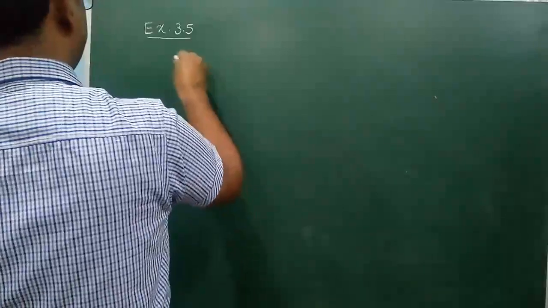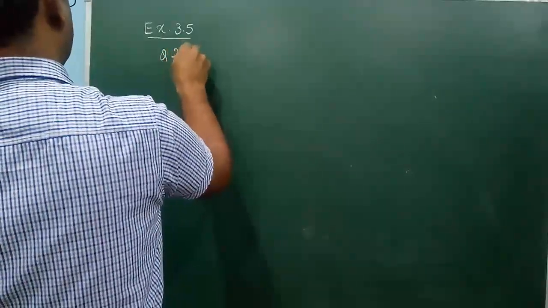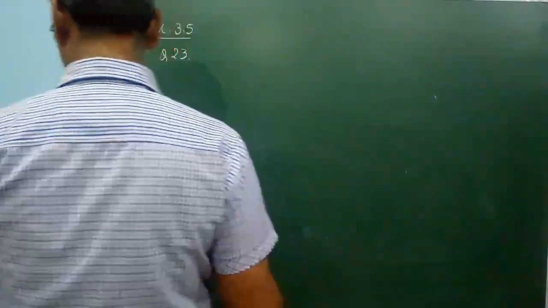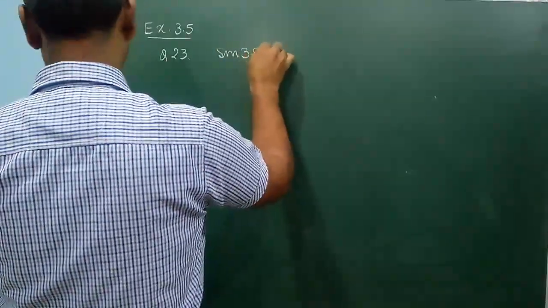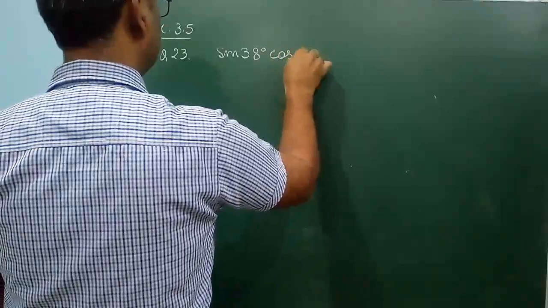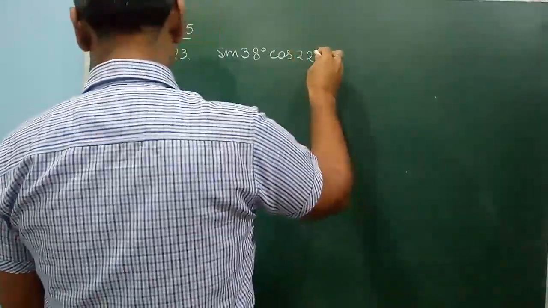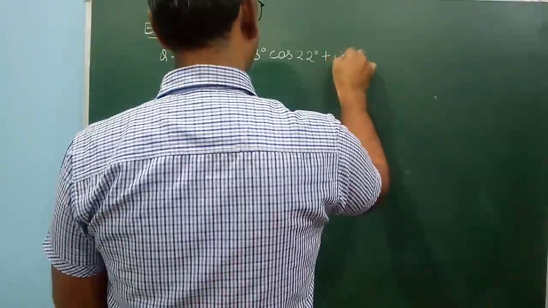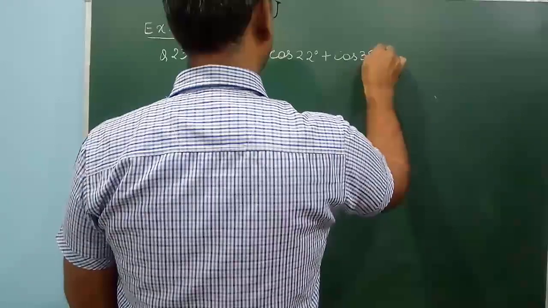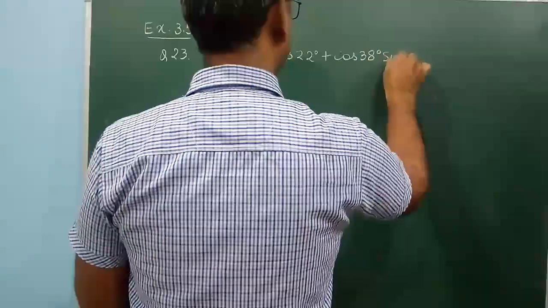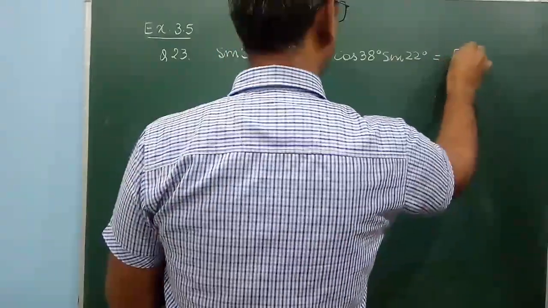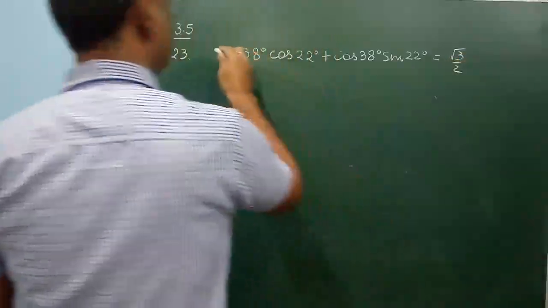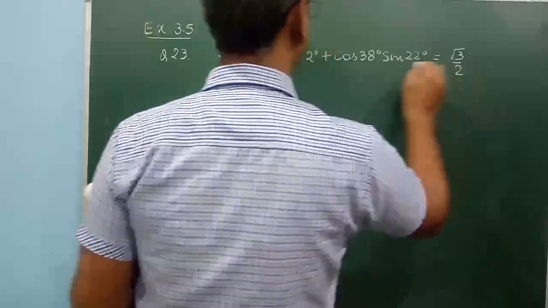Now 23. The question is sin 38 degrees cos 22 degrees plus cos 38 degrees sin 22 degrees equals root 3 by 2. This we have to prove.